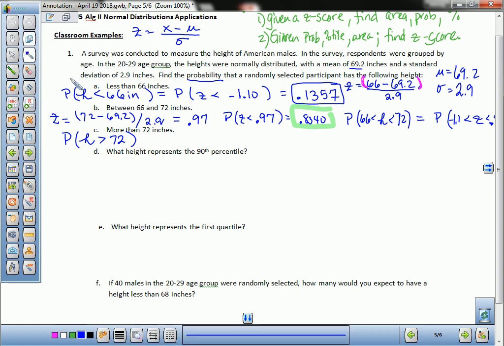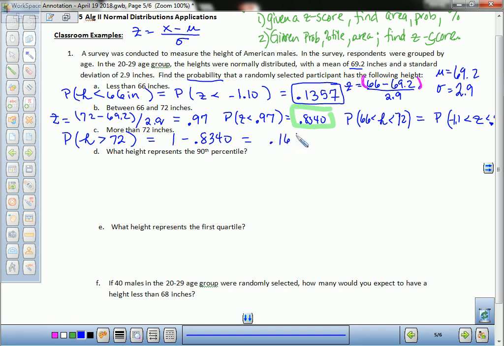So a quick way to do this is to subtract it from 1. Because we already found less than, we can just subtract from 1 to find greater than, and we get that the probability is 0.61660.